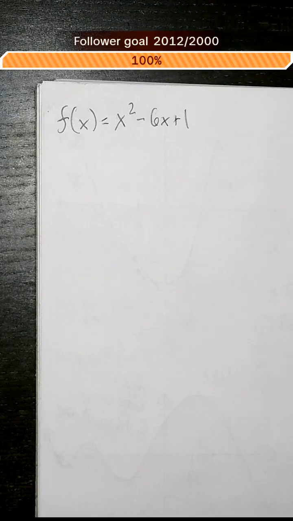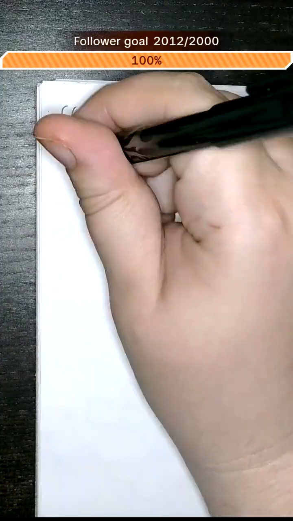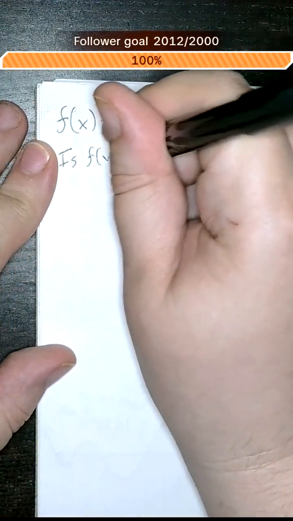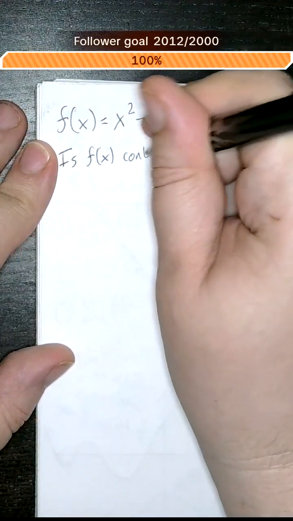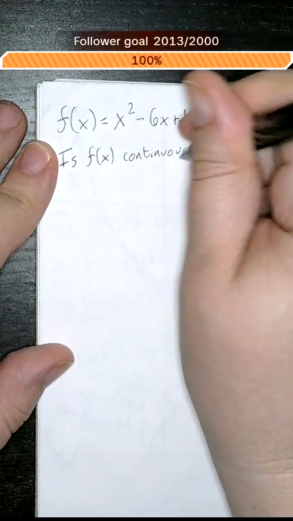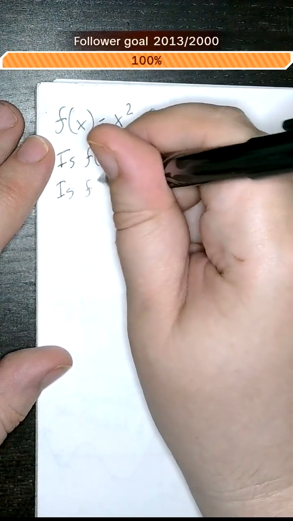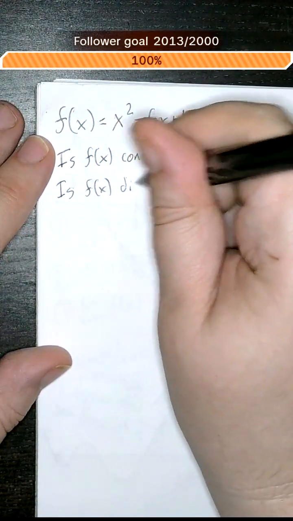So I need to know, is this function continuous, differentiable, both, or neither for all x? So, is f of x continuous? And is f of x differentiable?